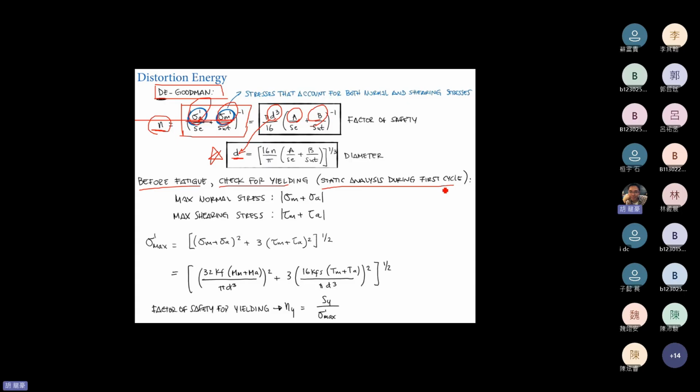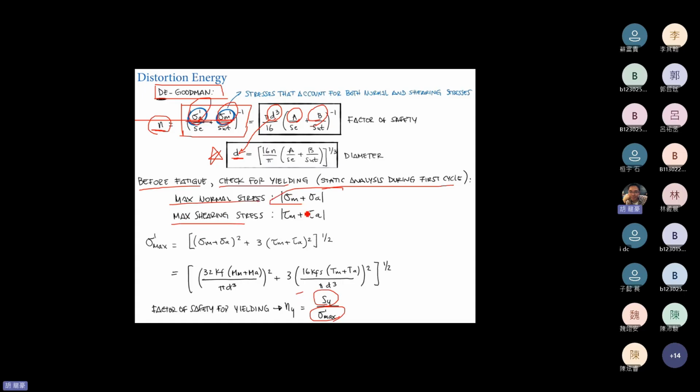Okay, and the safety factor for yielding equals the yield strength divided by sigma max prime. So how do we define sigma max prime? From the maximum normal stress and maximum shear stress.